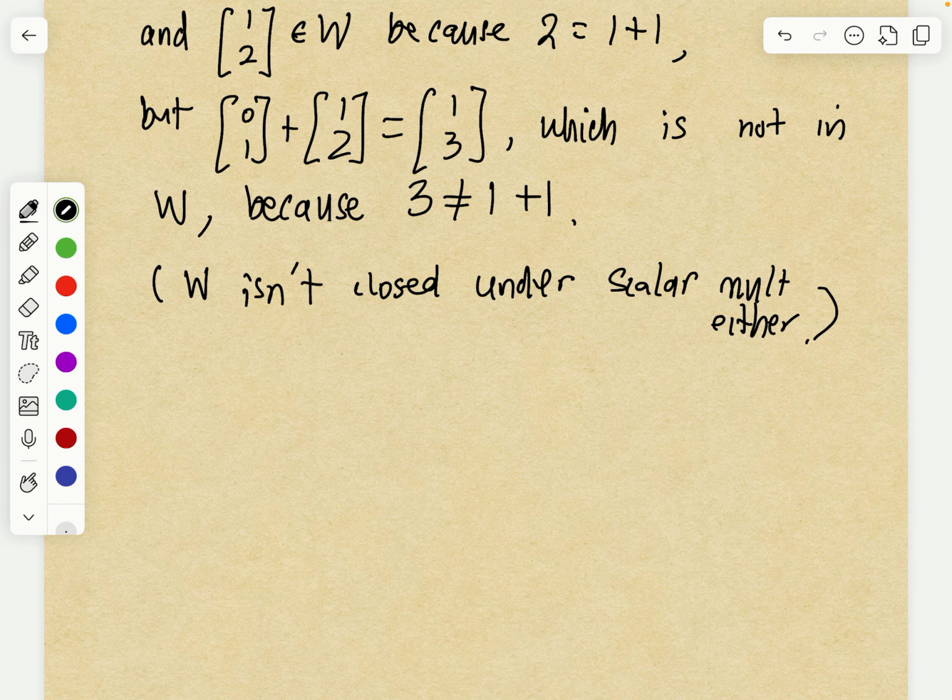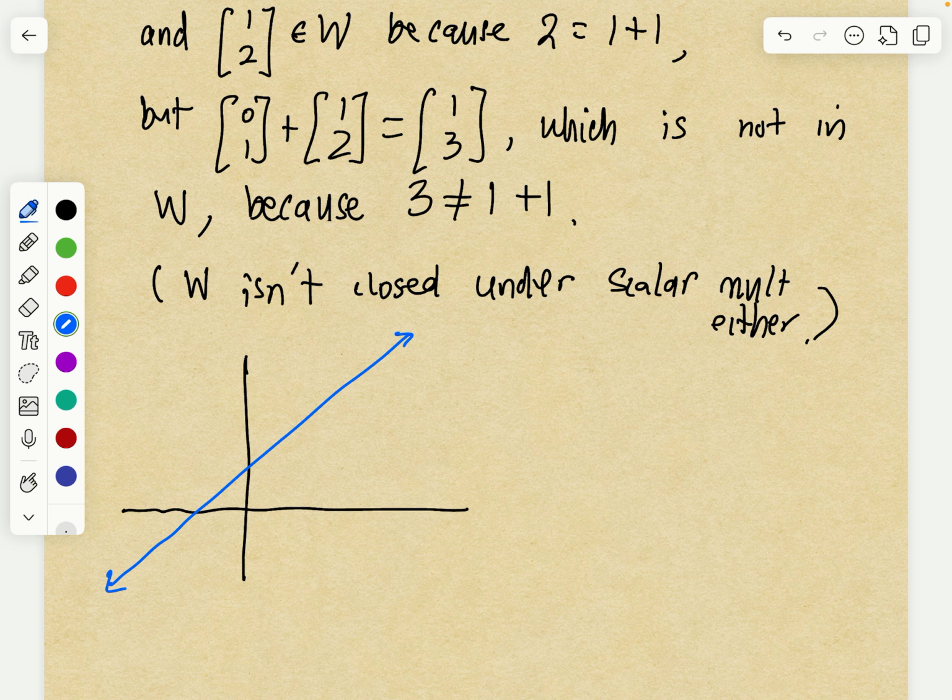So let's take a look at the picture. If you look at the line y equals x plus 1, it has slope 1 and goes through (0, 1). Now I wanted to go over this example because there is a common misconception. A lot of people will look at this and say, well, this is a subspace.